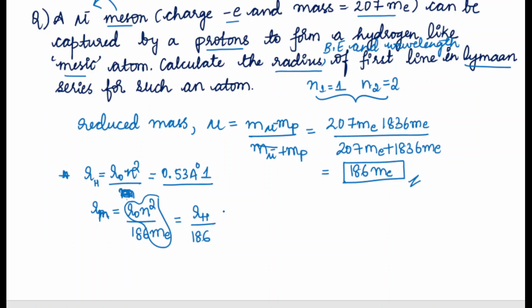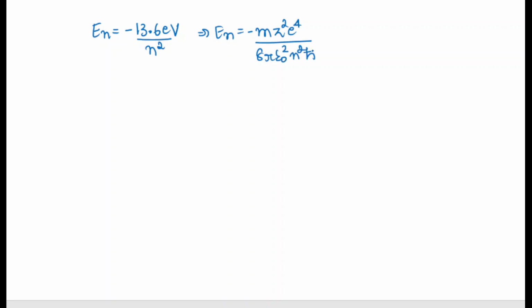Now we will go for the binding energy. What is the binding energy? We need to calculate E n, which is equal to minus 13.6 electron volt divided by n square, or E n equal to minus m z square e to the power of 4 divided by 8 pi epsilon naught square n square h cut square. This is for the hydrogen atom. Now we have a mesic atom, so instead of m we need to write the reduced mass.